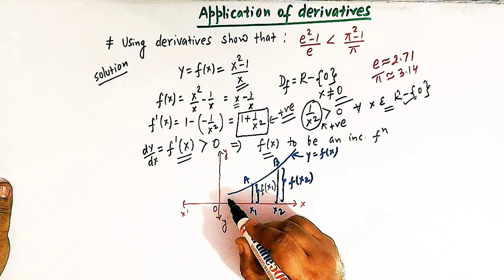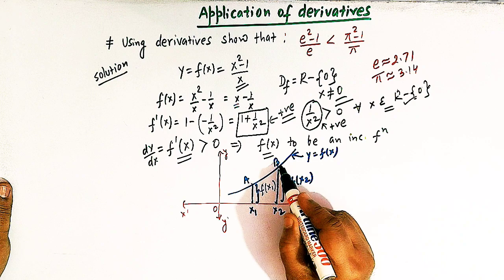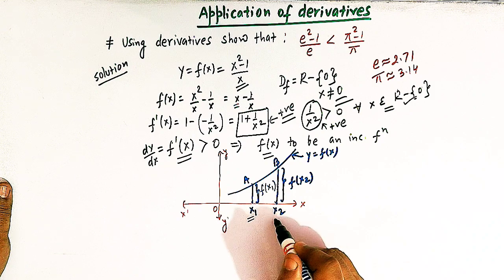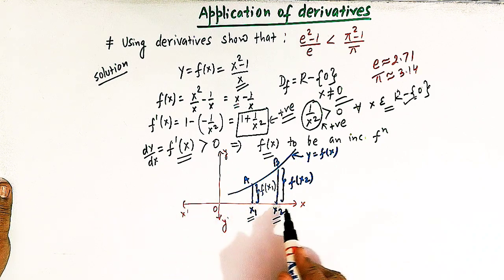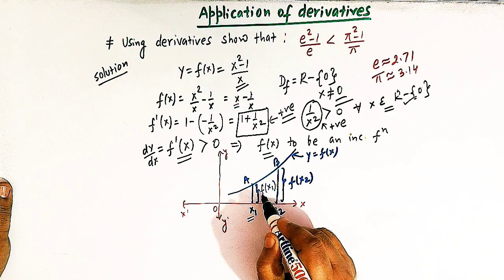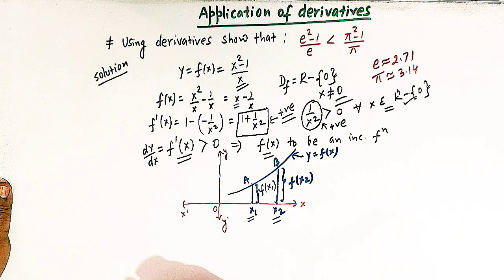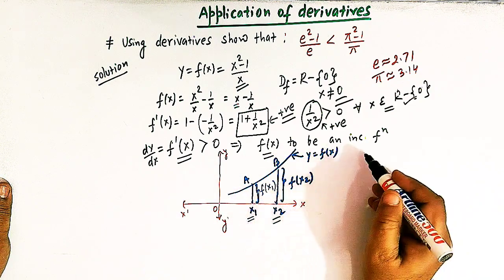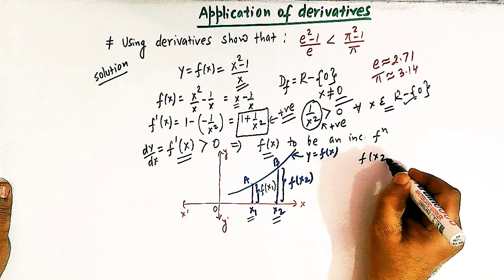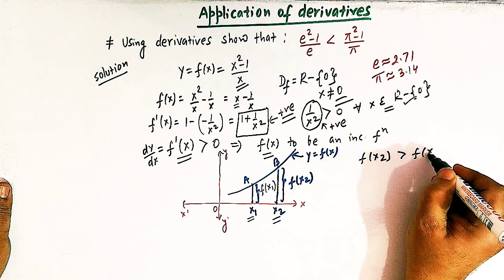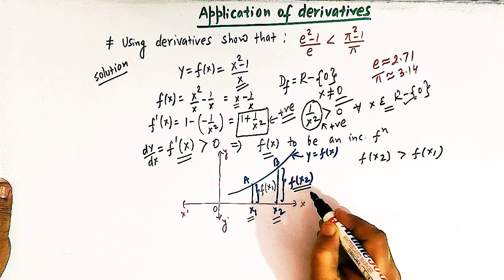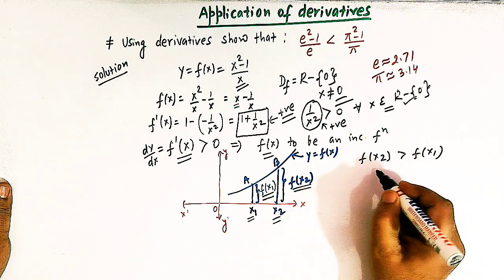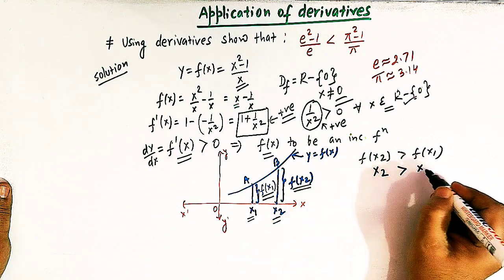Since this curve is increasing, the ordinate f of x2 is greater than f of x1 whenever x2 is greater than x1.